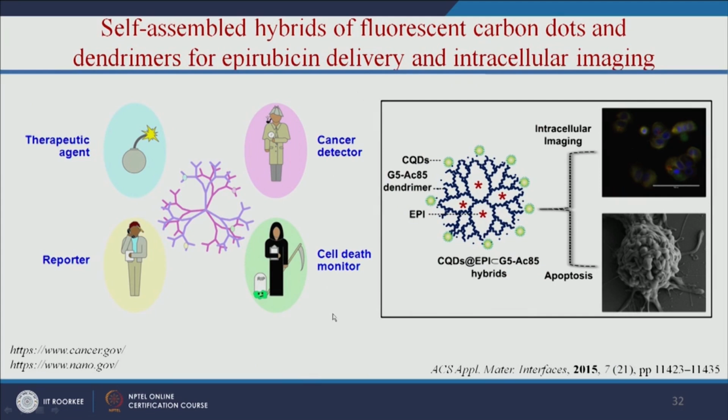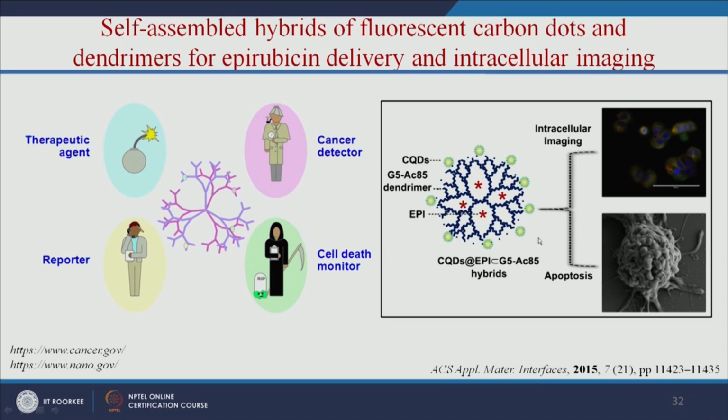And we can also make a multifunctional dendrimer-based nanocarrier, which will have a therapeutic agent and also an imaging agent. So we can easily monitor the drug delivery efficiency. In this example you can see the dendrimer was used, and the anti-cancer drug is epirubicin. Epirubicin is a very good anti-cancer drug, and it also has intrinsic red fluorescence, and on top of that we can also add carbon dots, which will give green fluorescence, okay.